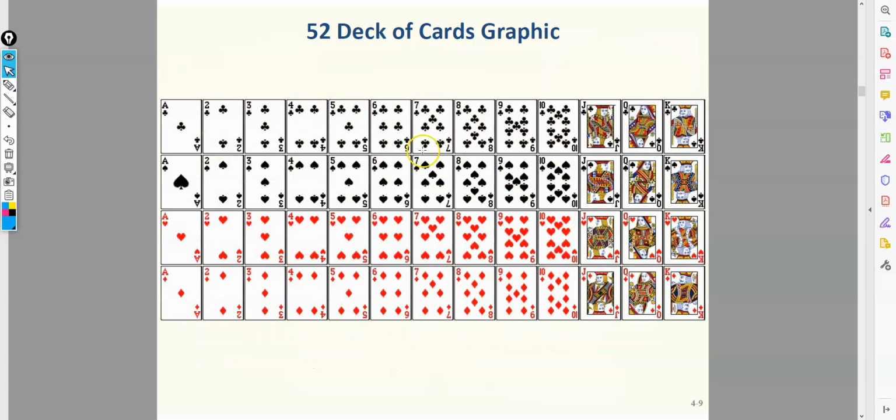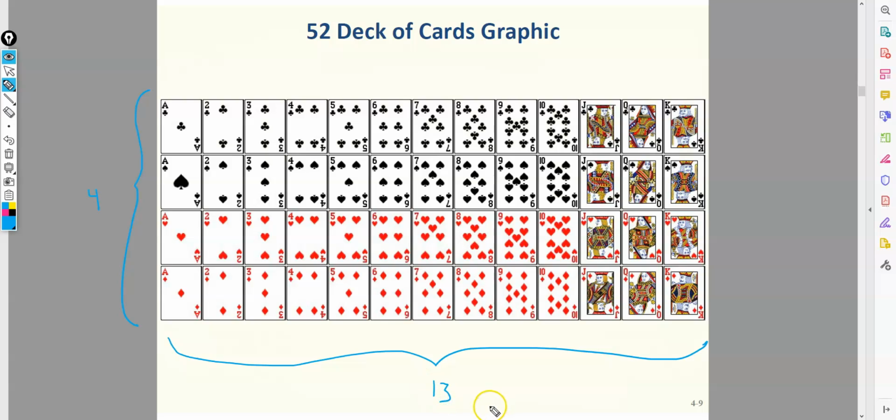Here's a standard deck of cards, and you notice that you have 4 suits right here: clubs, spades, hearts, diamonds. And then you have 13 ranks. So you'll have 13 clubs, 13 spades, 13 hearts, and 13 diamonds.